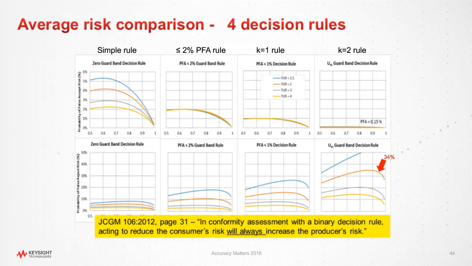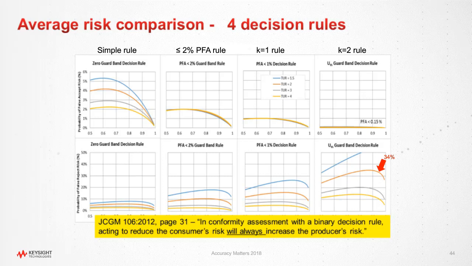What you can see is that from left to right, I'm going from no guard band to a little bit of guard band to more guard band to even more. Notice the false accept just keeps getting better, but it comes at the price of increasing false reject risk. You could laugh and call it the law of conservation of risk, but this is how it works.